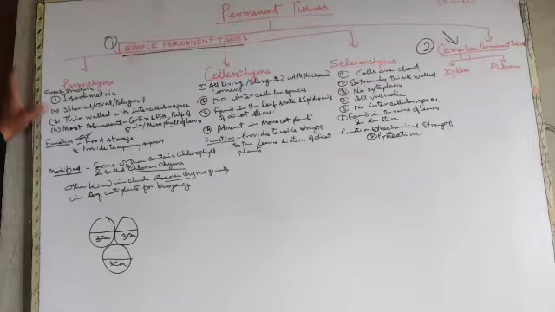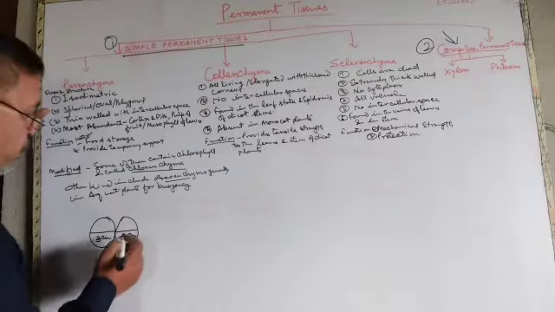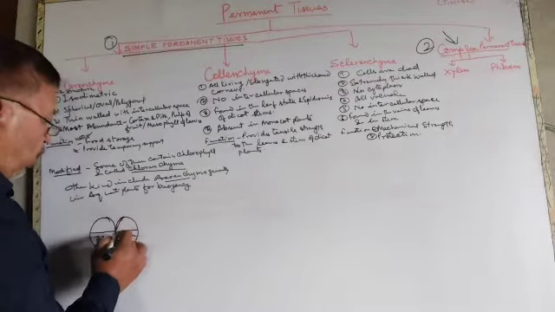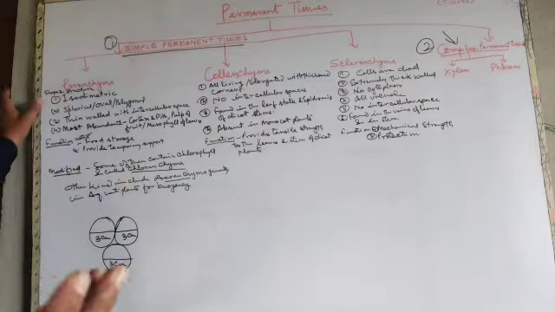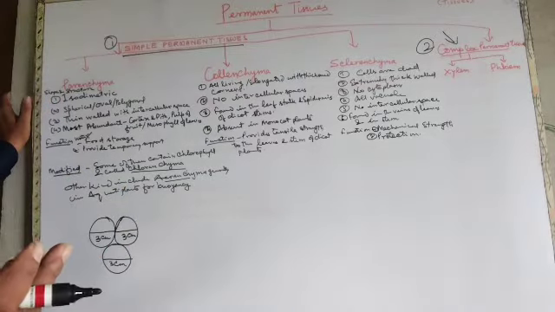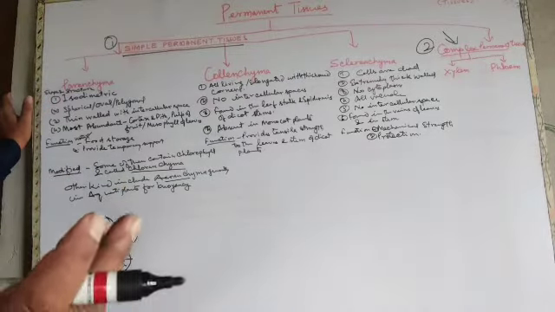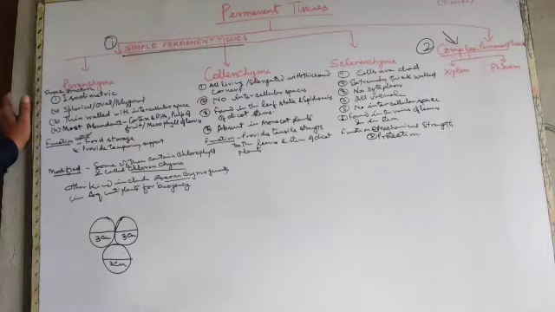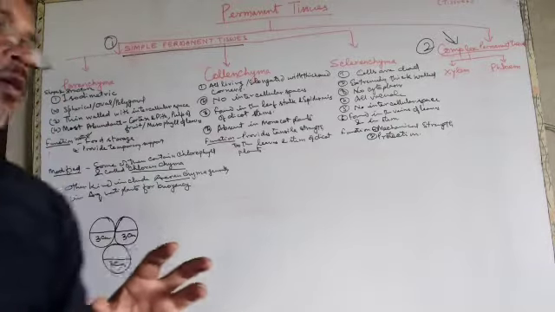Regarding their shape, they may be spherical, like a ball. You have seen different kinds of balls you use for playing, say the cricket ball, the basketball, the volleyball. So the shape is spherical like a ball.